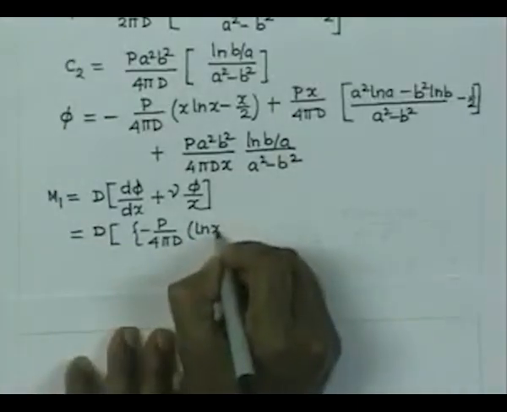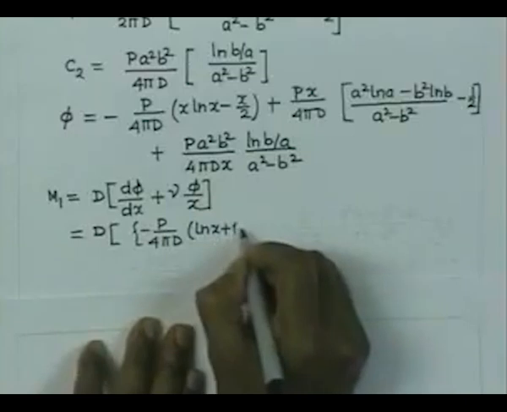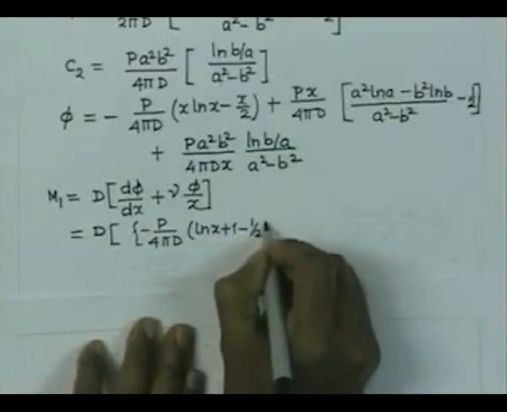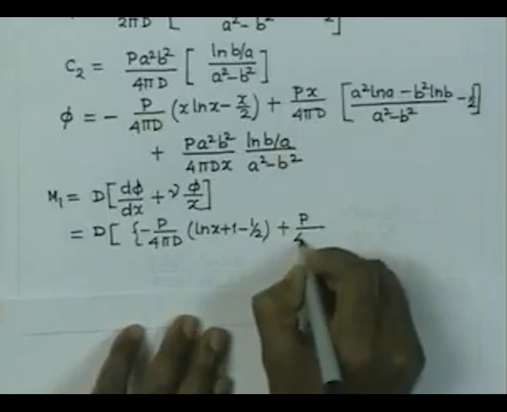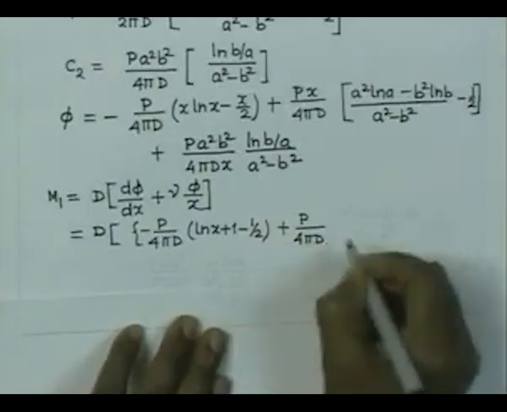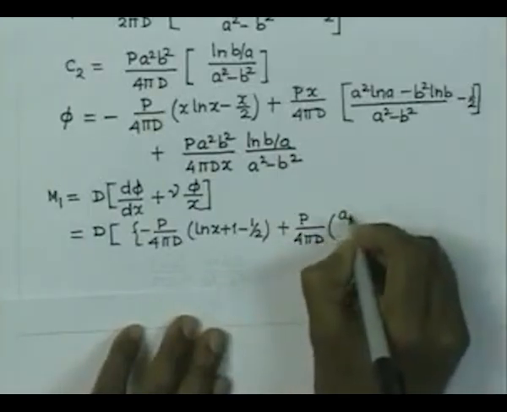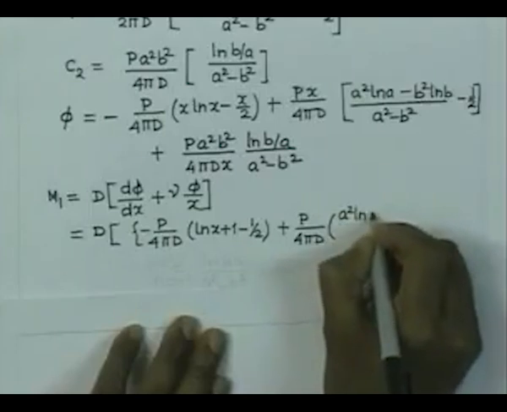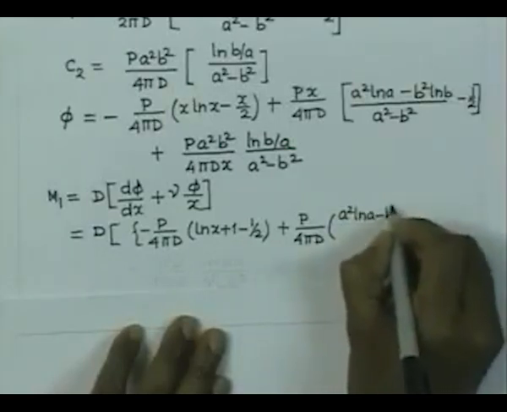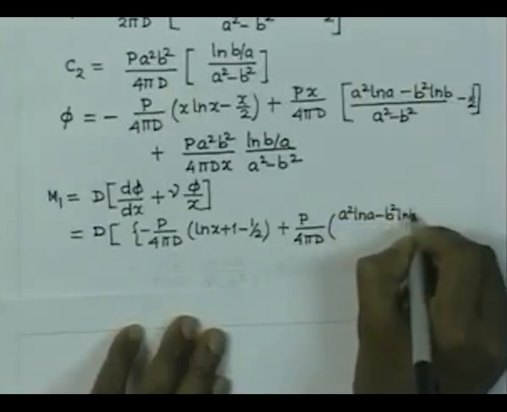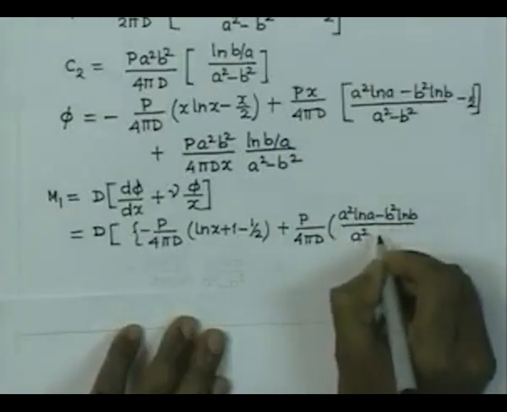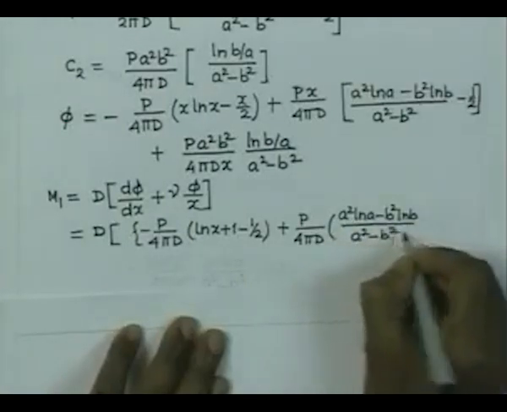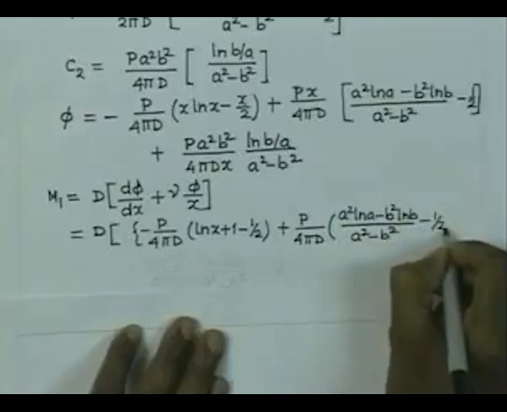So, it will give us ln x plus 1 minus half plus p by 4 pi d a square ln a minus b square ln b, a square minus b square minus half.